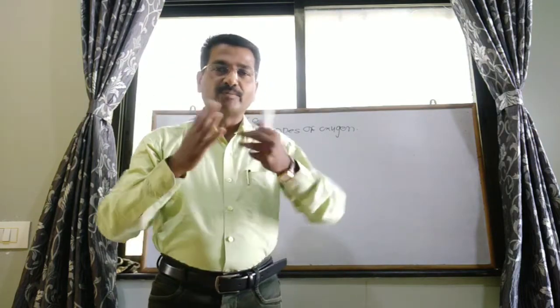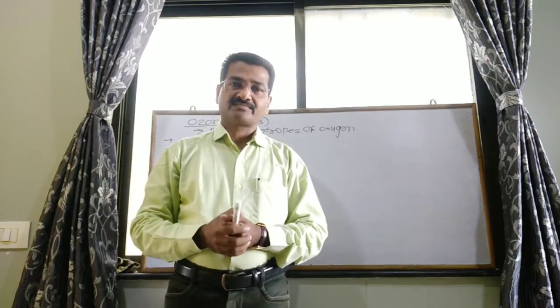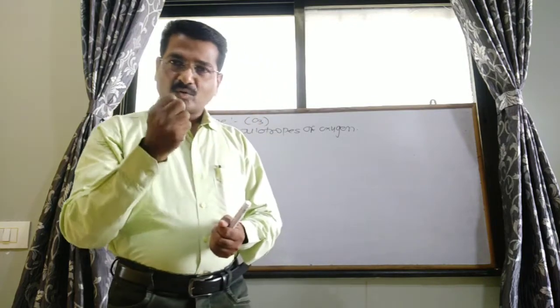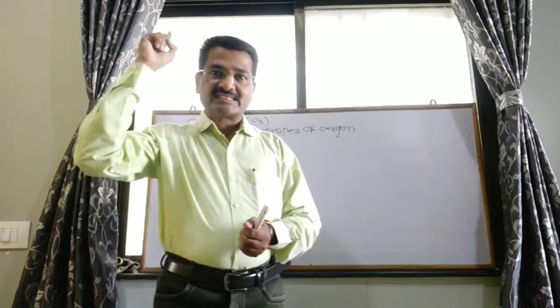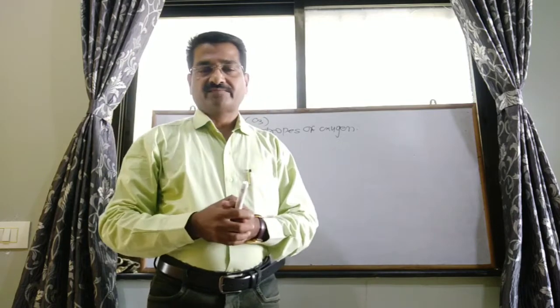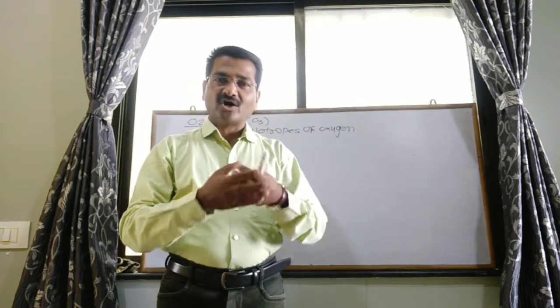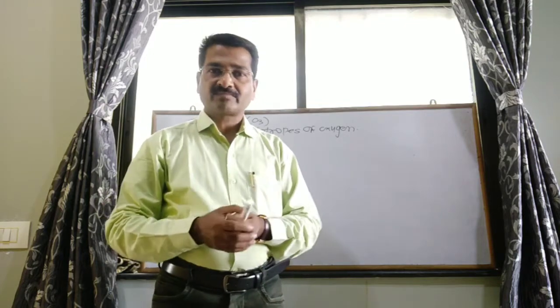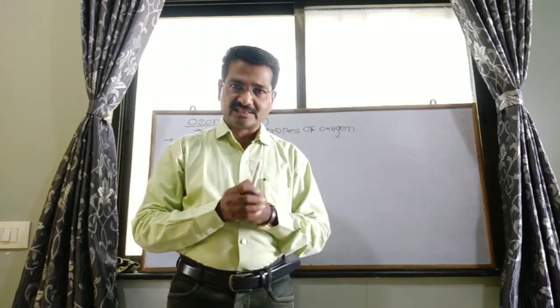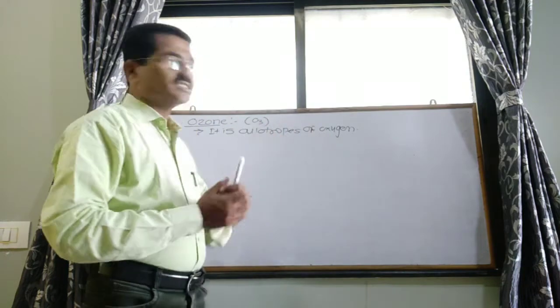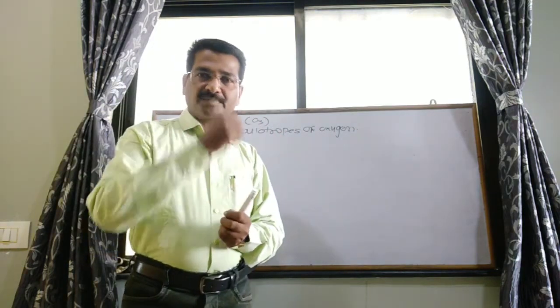That is very important for living beings. Ozone absorbs the UV rays coming from the sun. If ultraviolet rays reach the earth, then all living beings, including animals, can suffer from skin diseases. So this ozone is very important.